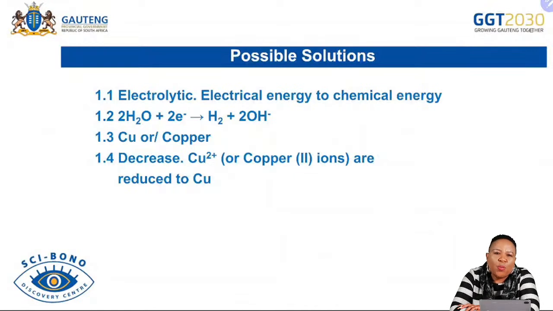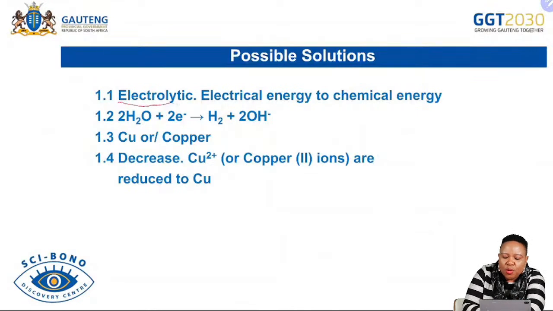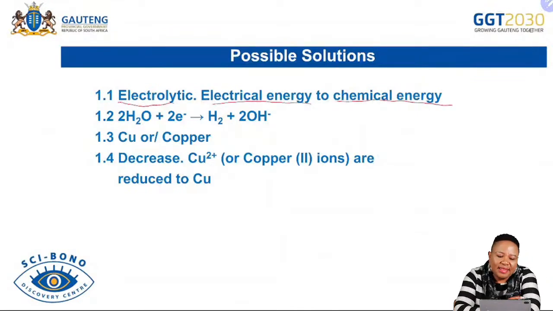Go through the whole processes, look at what changes occur in each process so that you can answer the question. So the first one was the electrolytic cell, because we convert electrical energy to chemical energy, or because there is a power source. And then this was our reduction half reaction that occurred at electrode Q, whereby water is undergoing reduction and forming hydrogen gas.